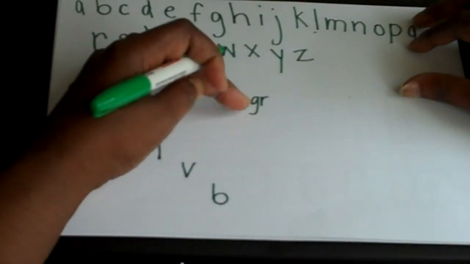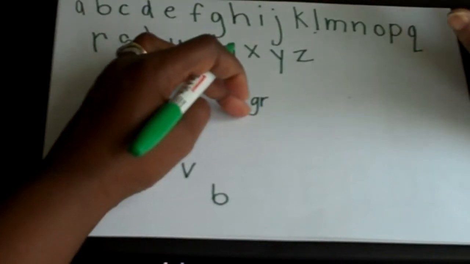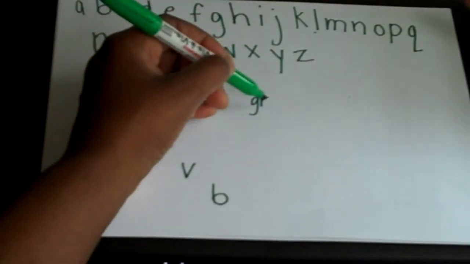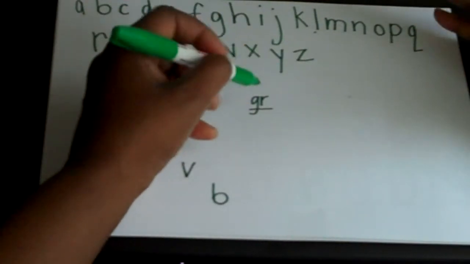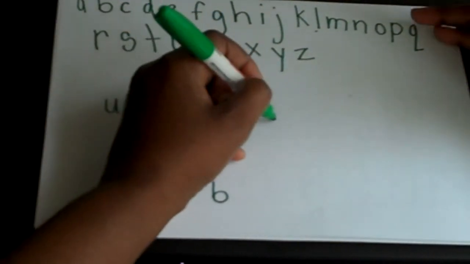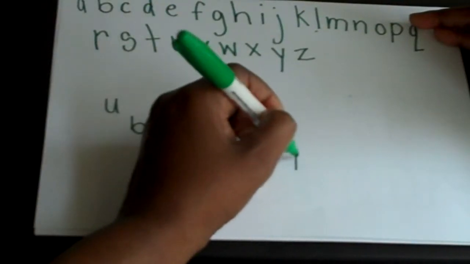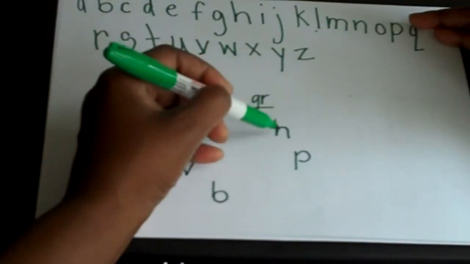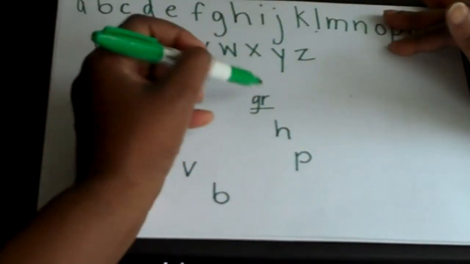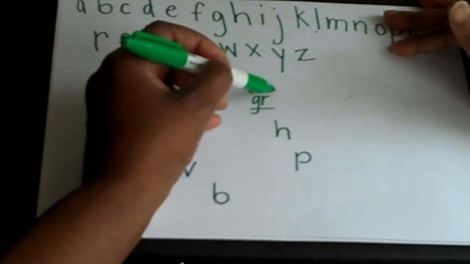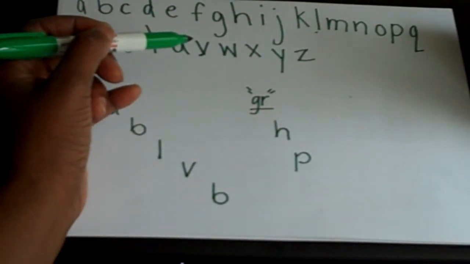These are consonant blends. That's another lesson. Grasshopper. That was not a good word because I didn't teach you consonant blends yet. Okay, so let me give you an easier one.